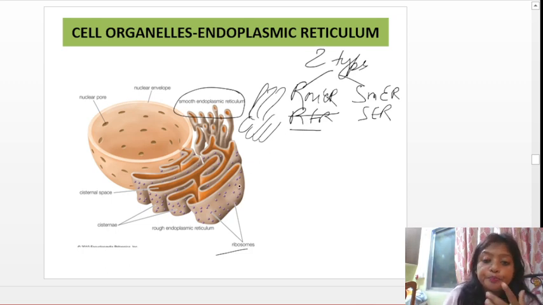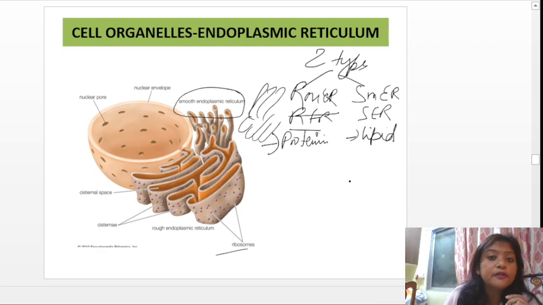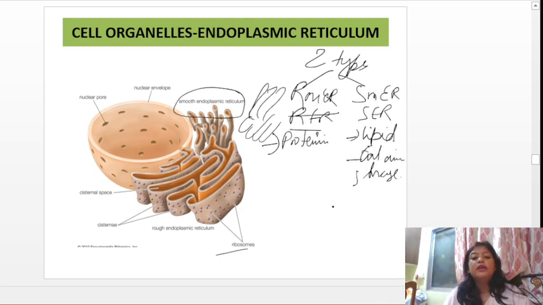So what are the functions? The rough one helps in protein synthesis, and the smooth one helps in lipid synthesis. Also, the smooth one helps in calcium storage. Remember this. These are the basic functions of our endoplasmic reticulum.